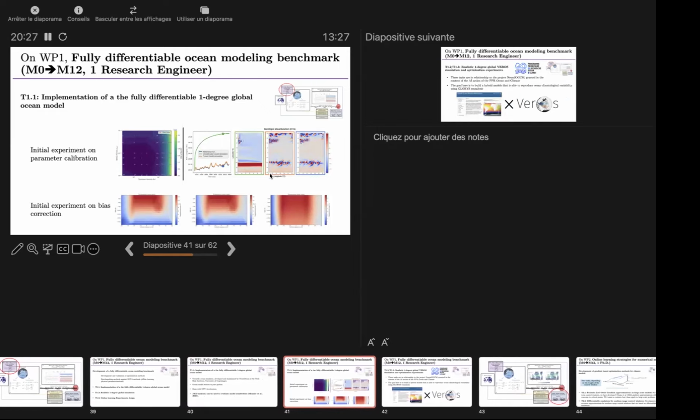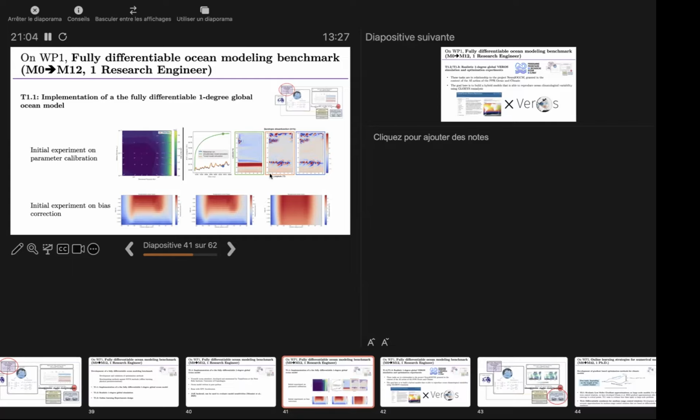We also had some initial experiments that do both parameter calibration and bias correction of an ocean model using a deep learning model. In the first row, we had an idealized simulation in which we perturbed the value of the parameters a little, and we tuned those parameters using online learning. It's an example of online learning to tune physical parameterizations with a small number of parameters.